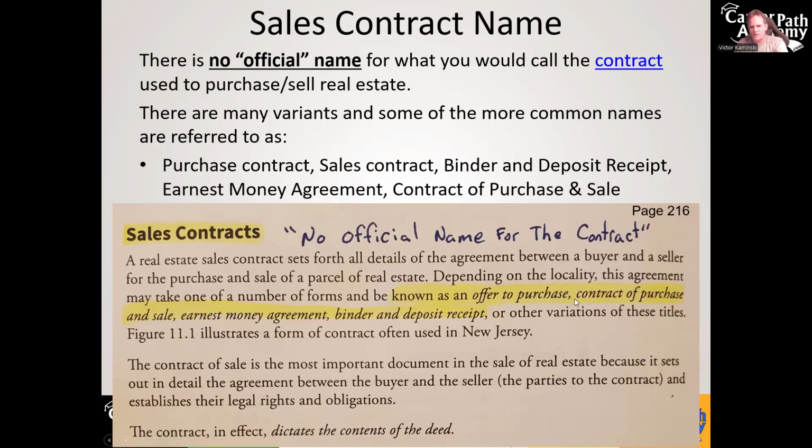Look, it's known as an offer to purchase, contract of purchase and sale, earnest money agreement, binder and deposit receipts, purchase contract, sales contract, call it whatever you want. There's no official name. That's what we get down to with that. So nothing really to study there, just for you to know.